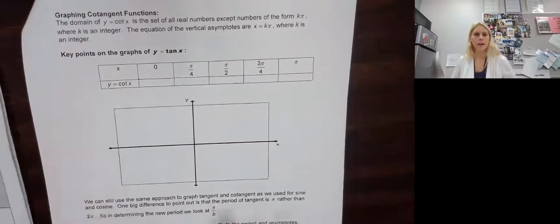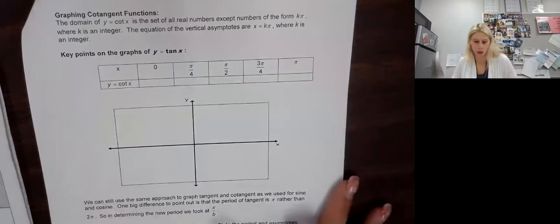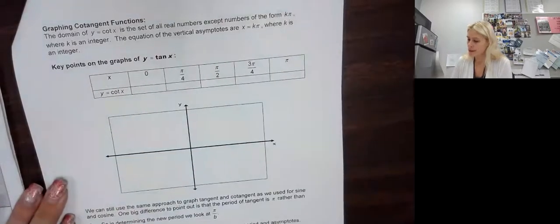All right, when graphing cotangent functions, the domain is still the set of all real numbers, except for the form k pi, where k is an integer. The equation of the vertical asymptotes are x equals k pi, where k is an integer. Okay, so let's fill out this table.